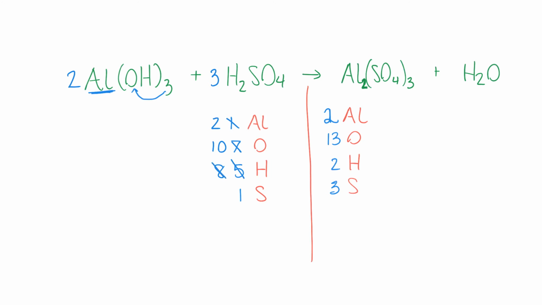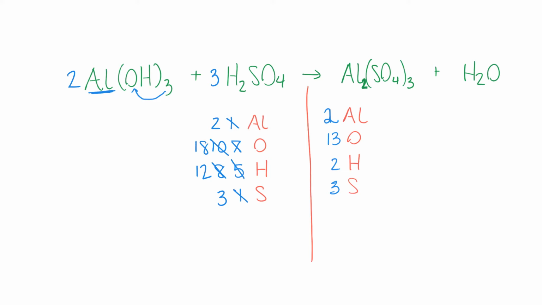I'm actually at 12 hydrogen, 3 sulfur, so that's a new number, and then my oxygen, so over here I have 3 times 4, so 12, plus another 3 doubled, so 6, so 12 plus 6 is 18. Ooh, I got a lot of oxygen.